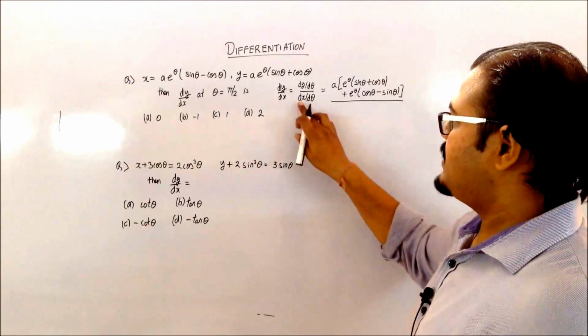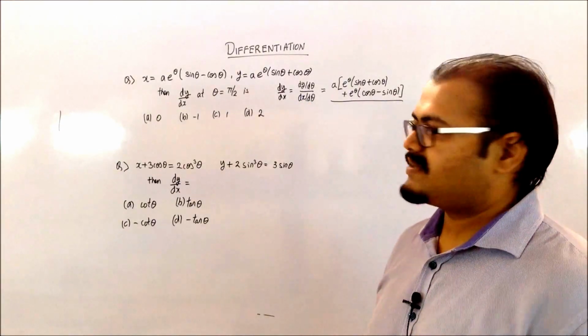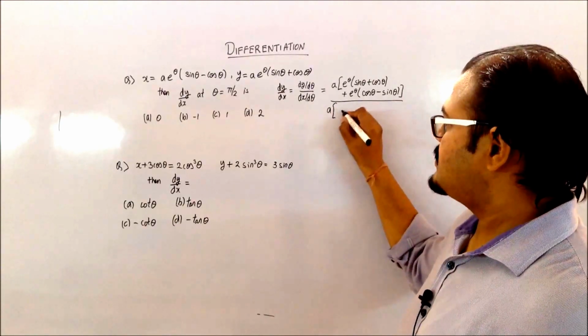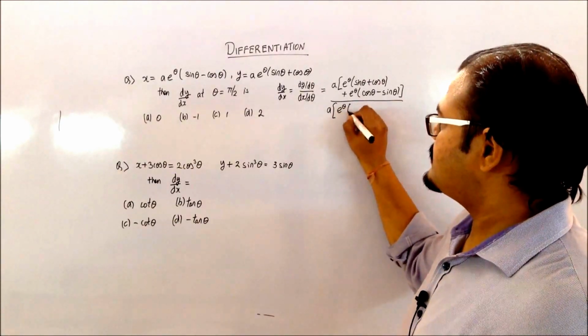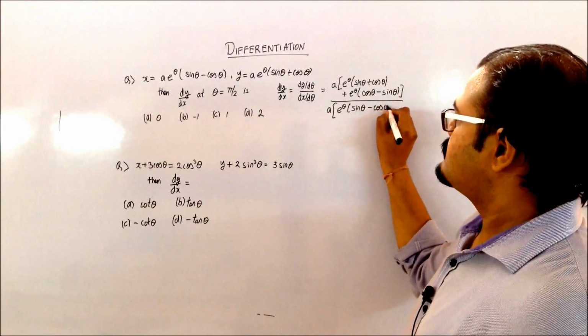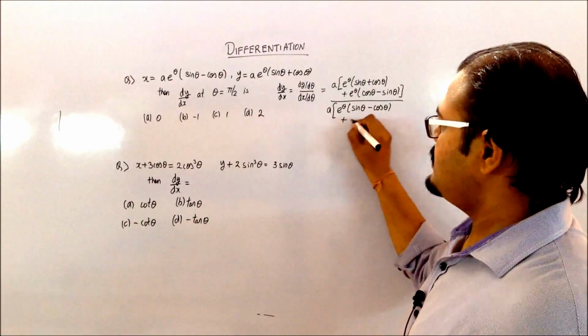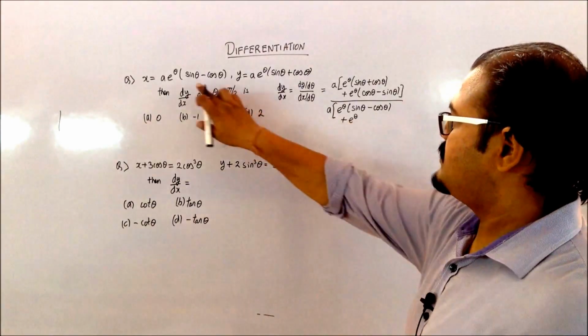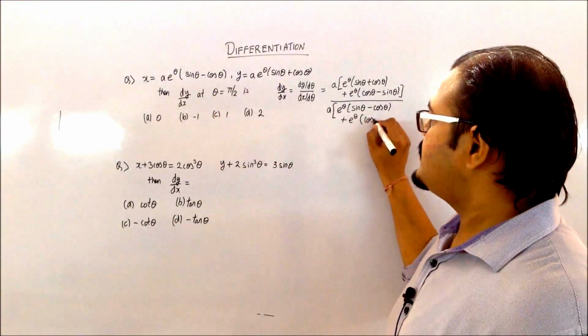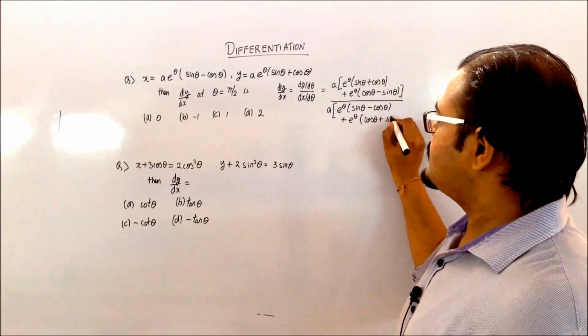This thing is divided by the derivative of x with respect to theta. Again you can have a common outside, e raised to theta will be the same, plus you will take the derivative of this term, so that gives you a cos theta plus sin theta.